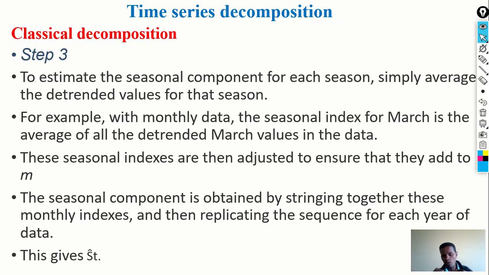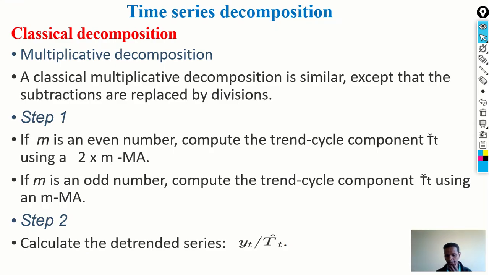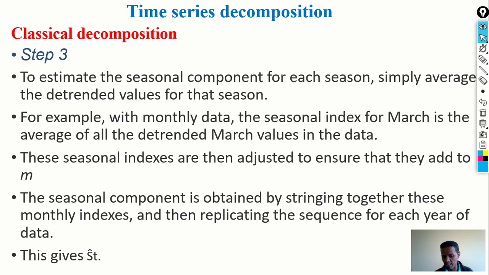The detrended series that we have seen in the previous slide, over here, is the value for the outcome variable y divided by the trend cycle component T hat. So the average of all these values will be used to calculate the seasonal component.